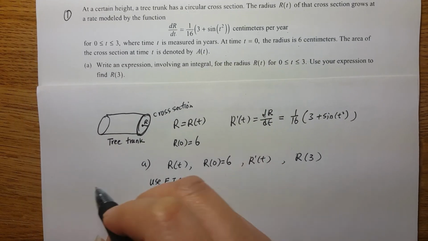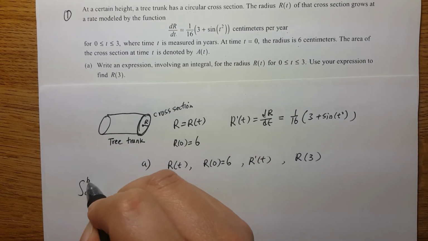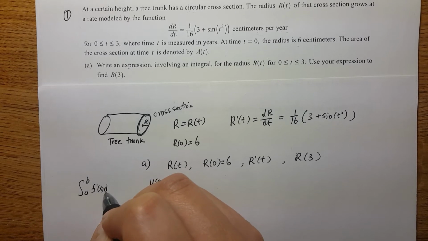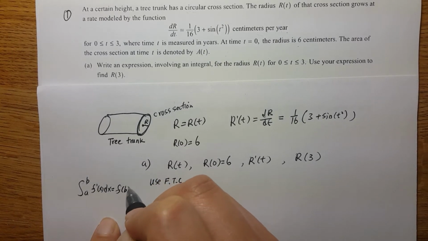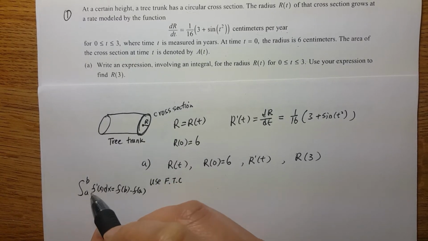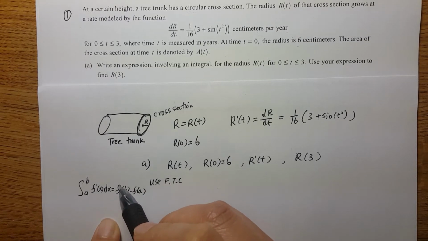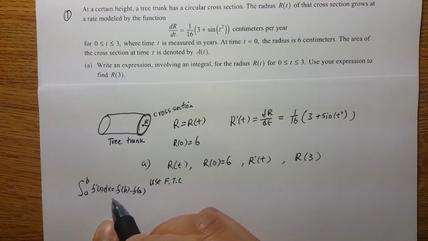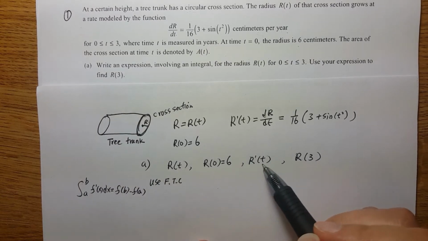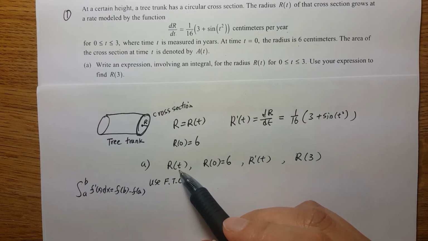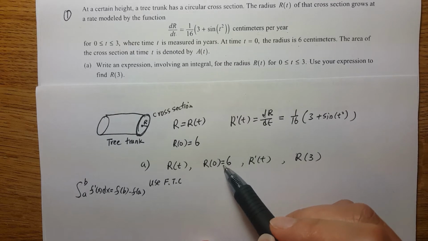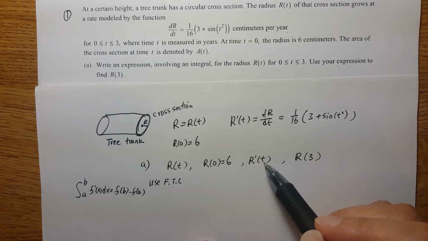So let's review what the FTC is. You have the integral from a to b of f prime of x dx, which gives you f(b) minus f(a). So I want to have R of t, and I have R at 0 equals 6, and I have R prime of t.